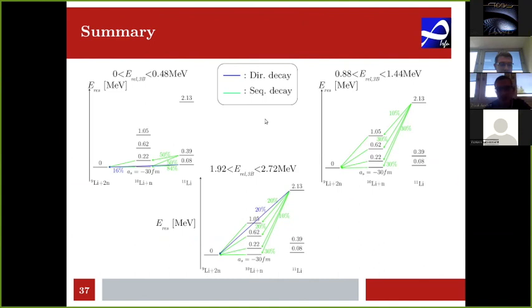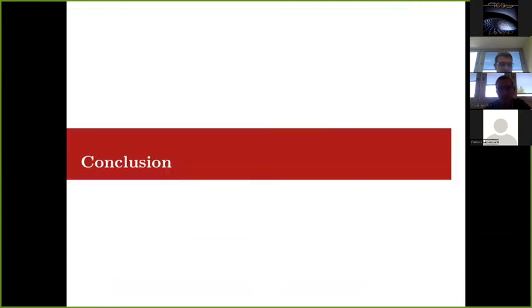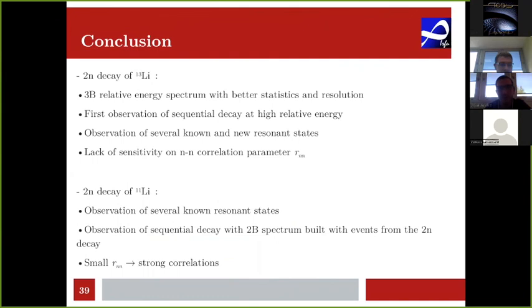Okay, so what have we seen today? For lithium-13, we managed to have a first observation of this sequential decay behavior at high relative energy. And this is thanks to a three-body relative energy spectrum with better statistics and resolution than previous studies.